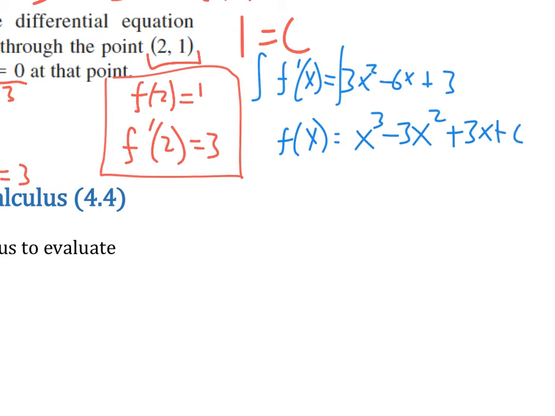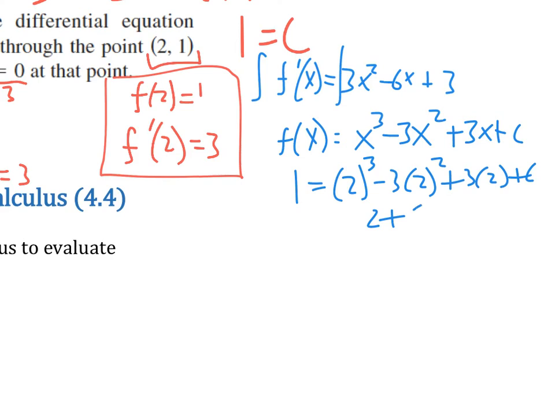Now we know when x is 2, f of 2 is 1. So that's going to be 2 cubed minus 3 times 2 squared plus 3 times 2 plus c. This will simplify to 2 plus c equals 1. Subtract 1, and c is negative 1.